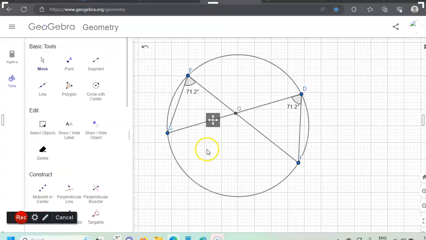So now let's observe further that angle ECD, or angle C, has non-vertex endpoints E and D. And then angle F, or angle DFE, also has points E and D as the non-vertex points.